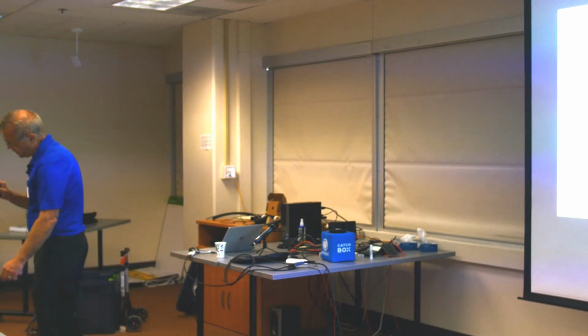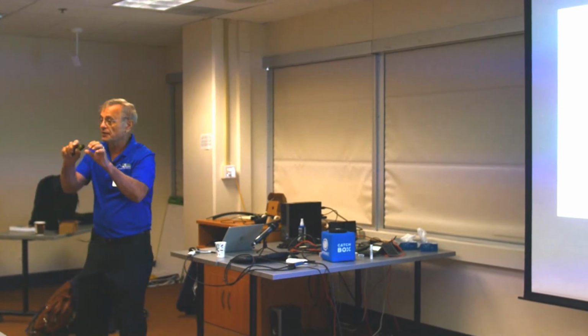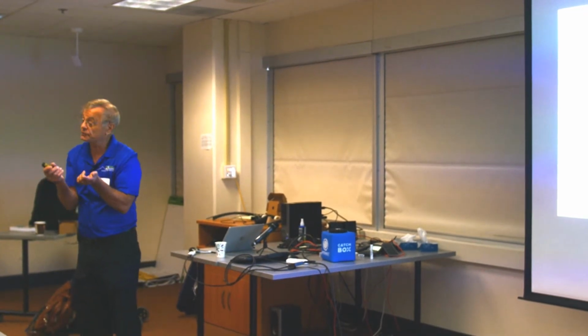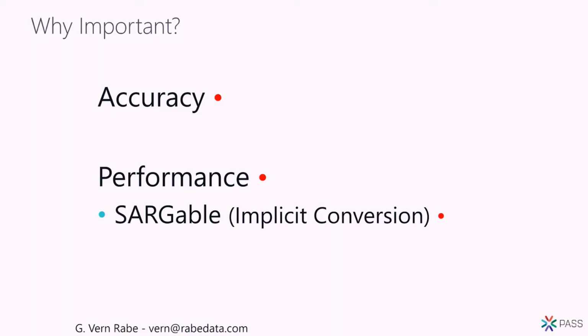Sargability says a predicate is one of those things that returns either true, false, or unknown. And usually it's in a where clause, where this column is equal to 6, that's a predicate. Where this column is greater than that column, that's a predicate. A join clause on this primary key is equal to that primary key, that's a predicate.